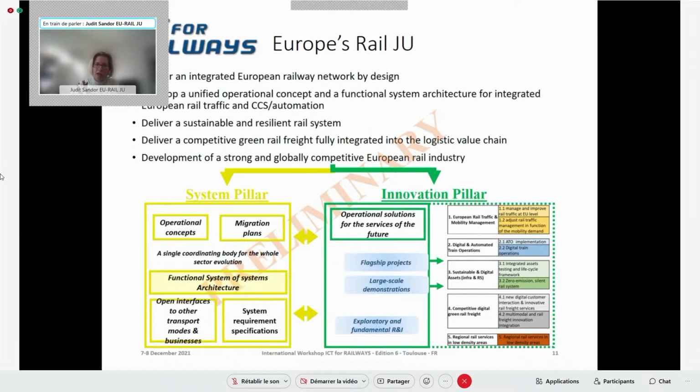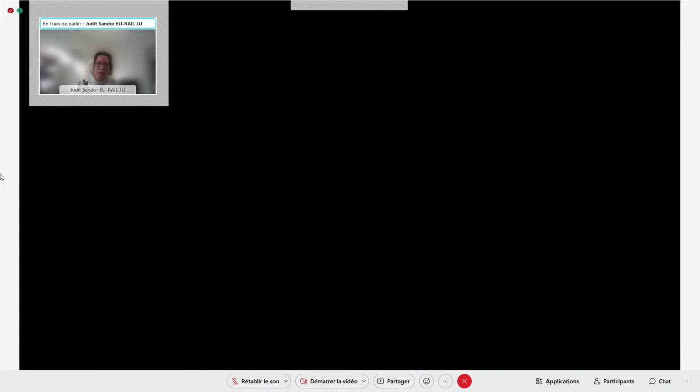They should be taken up, adapted, reused, and be the starting point for the future rail research, in order to ensure that the good practices and the good work done by these many experts will continue and further evolve and support the competitiveness of the railway sector in the future as well. So I thank you for your attention, and I am available also for questions.